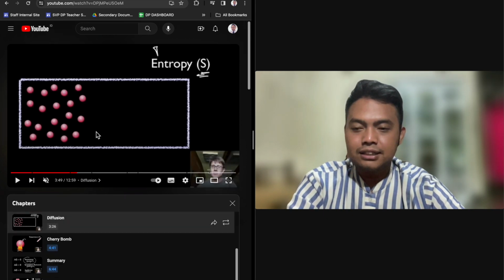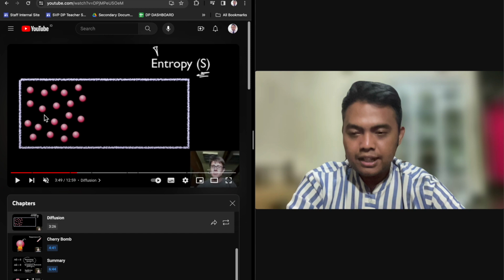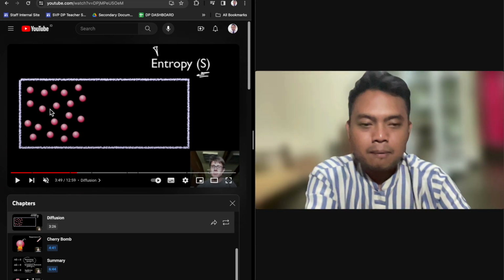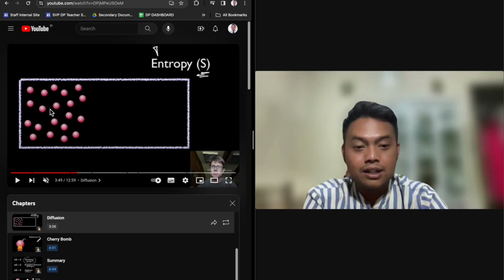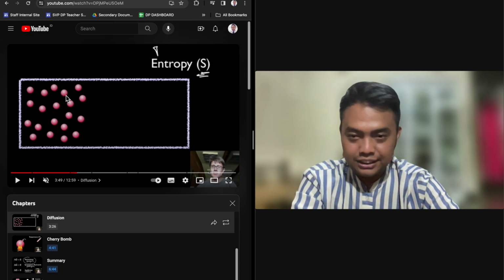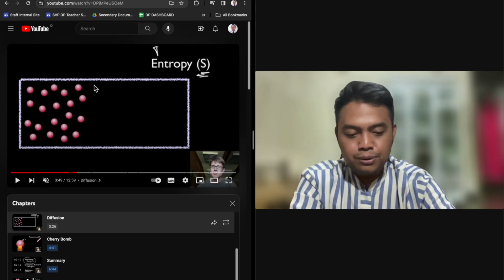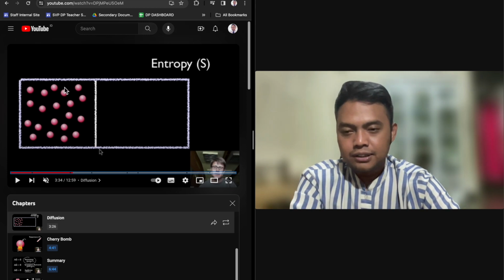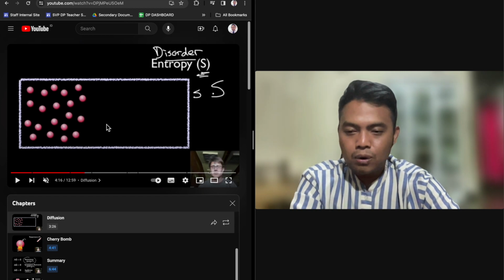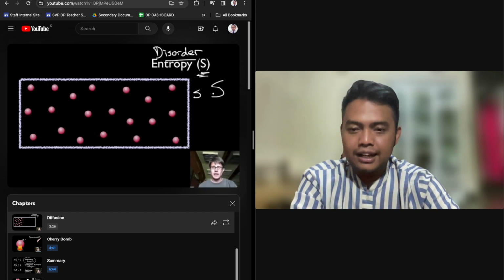Now the second one is the diffusion. The diffusion in here will give you the idea about entropy, disorderness or dispersalness of a situation. So if you have the barrier in here, so this is before the reactions, and then when you open this barrier, the gas will then go that way.